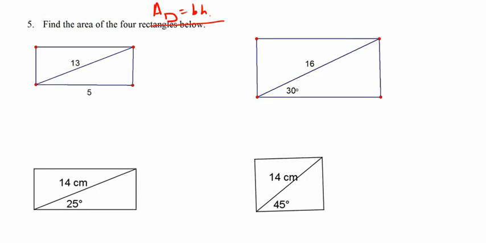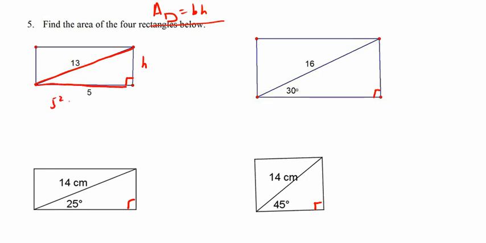So the first one, you've got to keep in mind in all of these that we've got 90-degree angles in rectangles, and you'll notice that they're all split with a diagonal, which of course splits it into 2 right triangles. So I can figure out h because I know the hypotenuse of this right triangle as well as one of the legs.